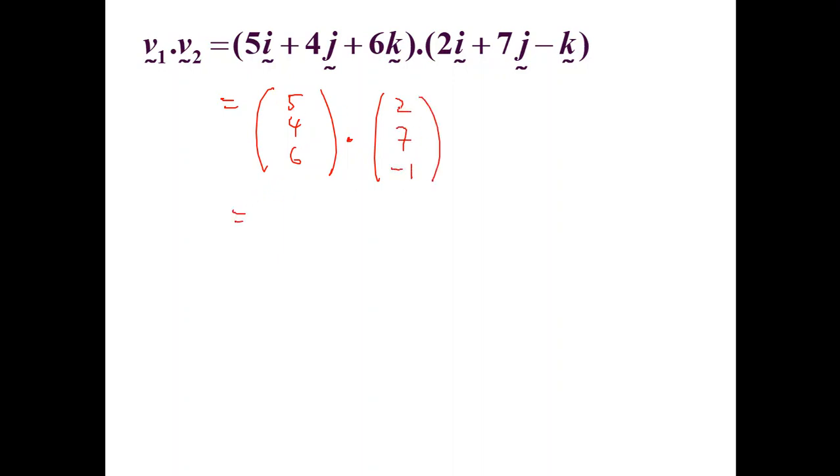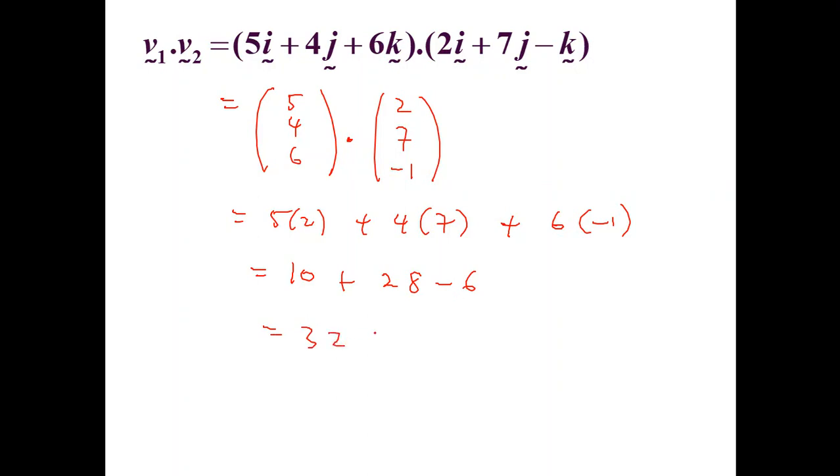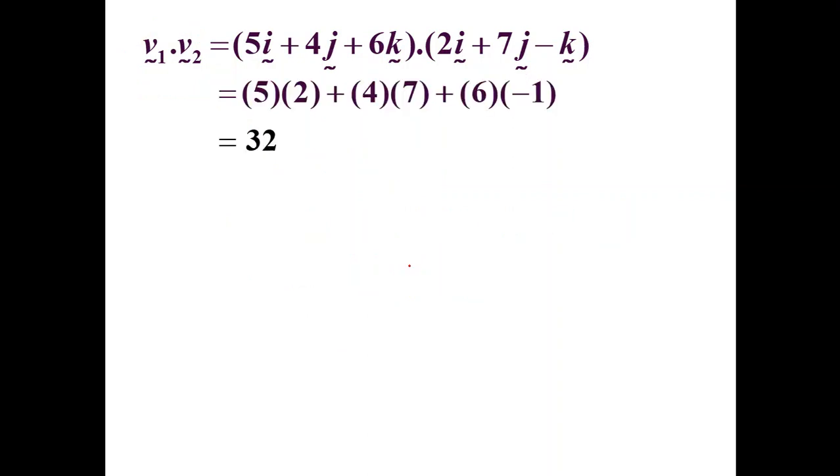Then component I times component I plus component J times component J plus component K times component K. You find 10 plus 28 minus 6. The answer is 32. This is for V1 dot V2.